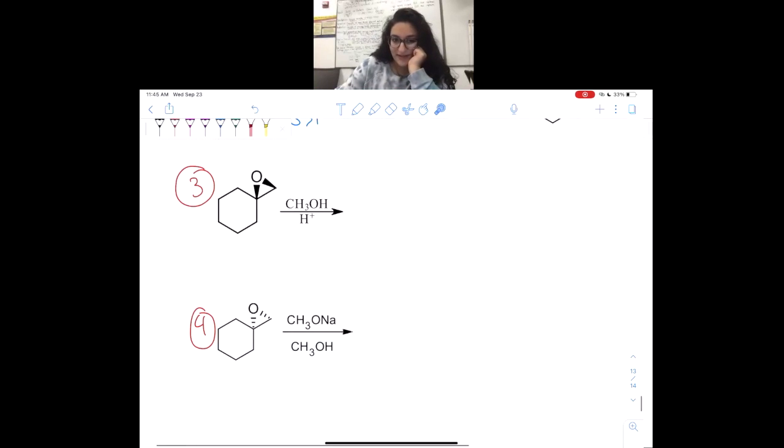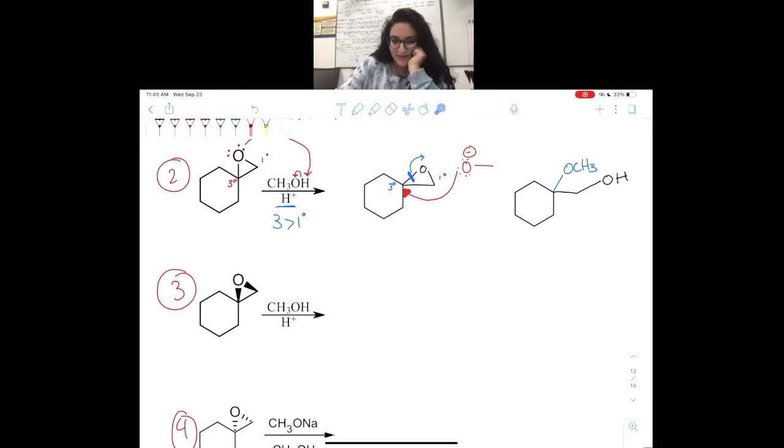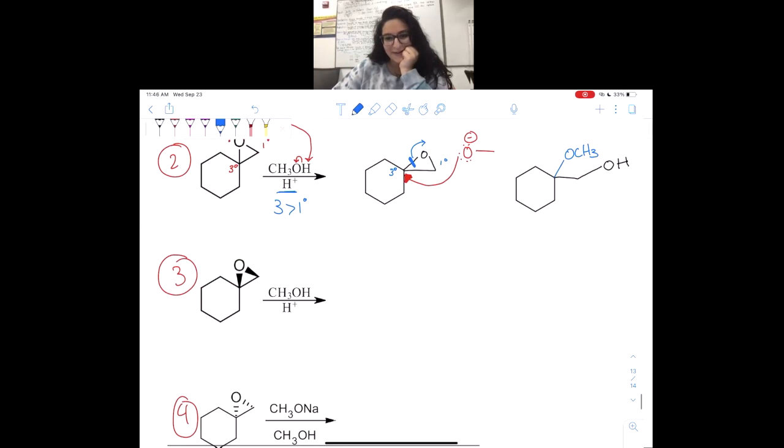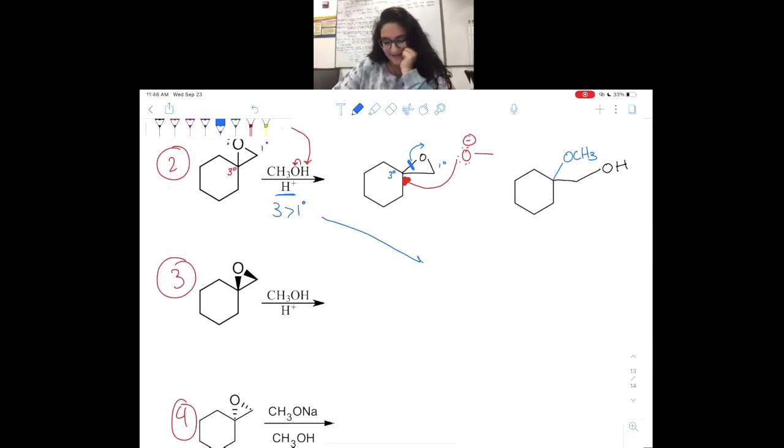So in an acid catalyst, the nucleophile will always attack the tertiary side. If you had a base catalyst, then it would prefer the primary side. So you would add it the opposite way. So I'll give you the same question with a base. So let's say OH minus. This would be your product. Does that answer your question? Yes. Okay, cool.